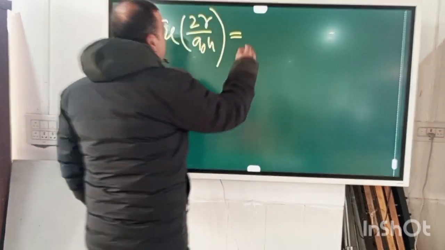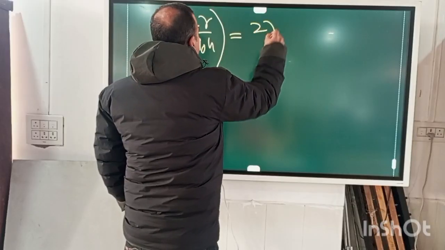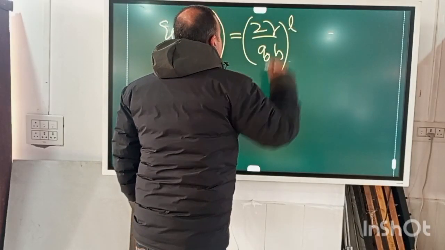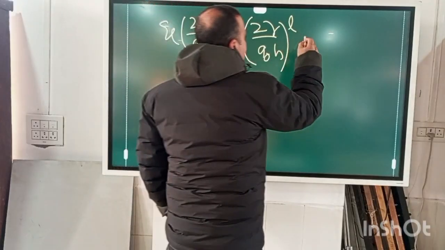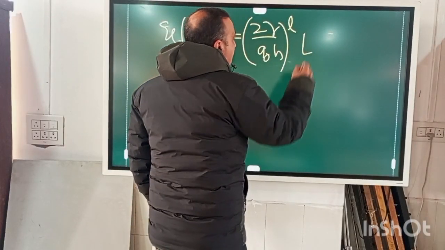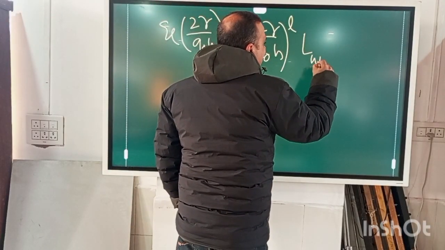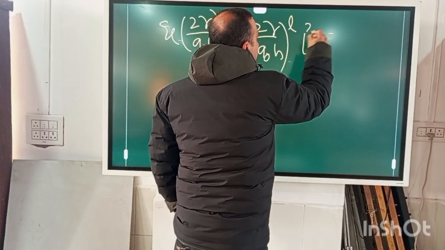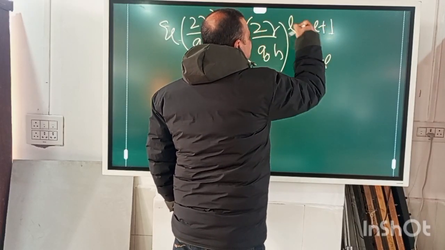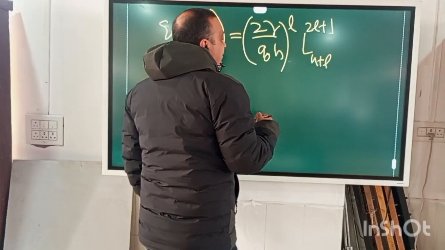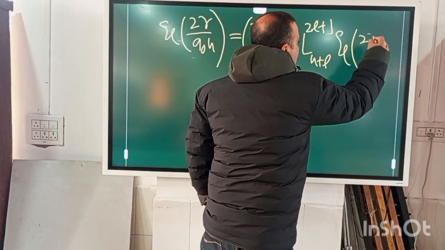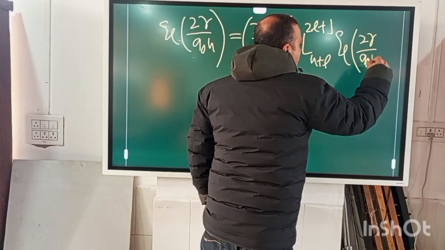This is 2r by a naught n raised to the power l, and then L of n plus l, but this L refers to the Laguerre polynomial. This is 2l plus 1. This l is your orbital angular momentum quantum number, and then zeta of 2r by a naught n.